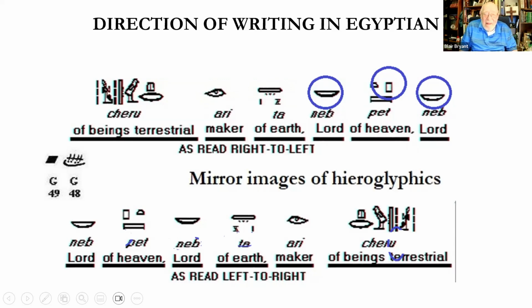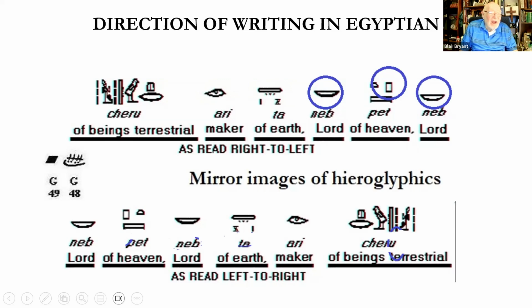Now, this is reversed from this. You notice the direction, reading from right to left, P, T. Those are alphabetic characters in Egyptians. P was from the door, represents a door, but that is the P sound of pet.